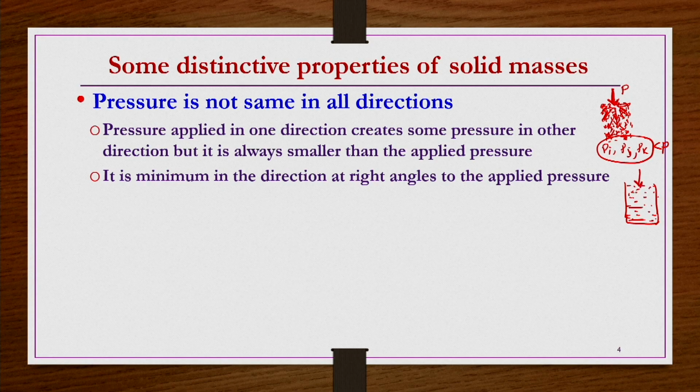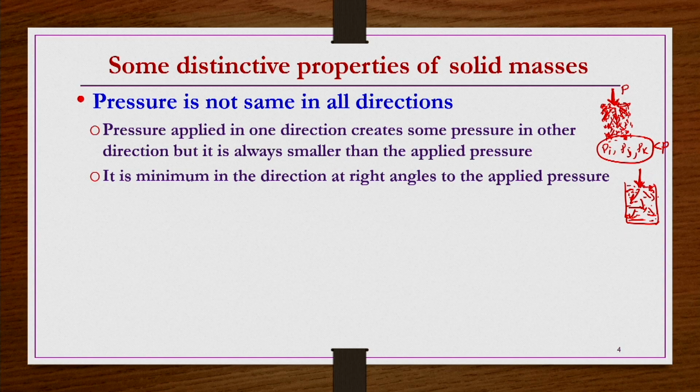Now this pressure is distributed in all possible directions, with different magnitudes in each direction, but in each direction the pressure being transferred is smaller compared to the applied pressure P. In which direction would it be minimum? If you are applying pressure in this direction, then in the normal direction, at right angles to the applied pressure, it is going to be very much smaller.